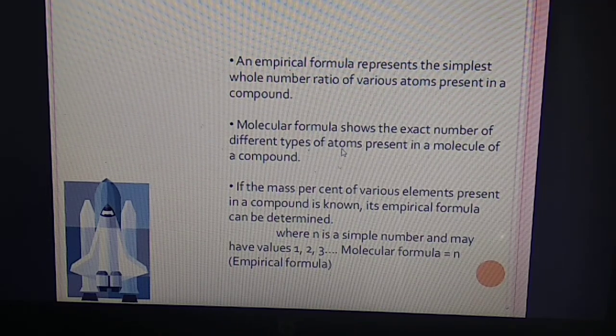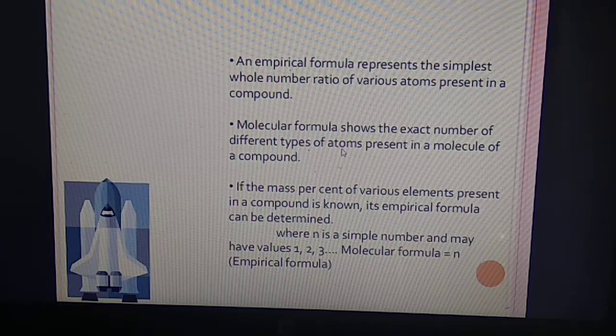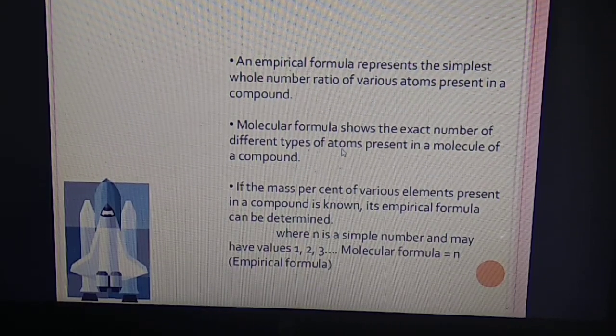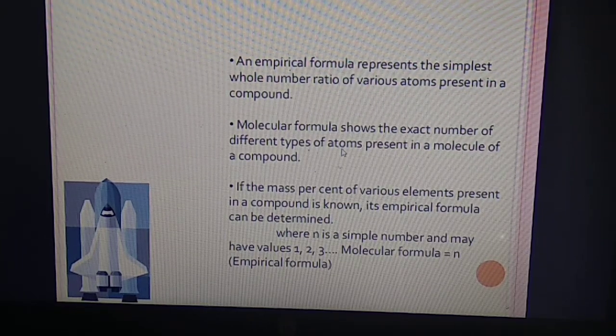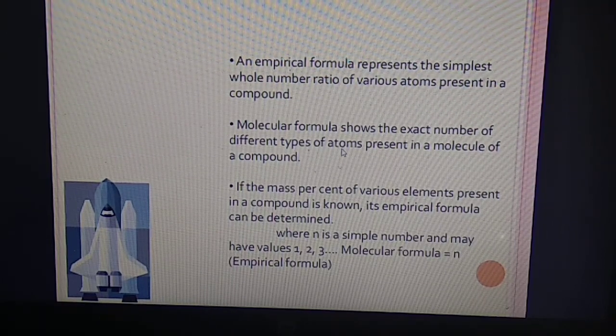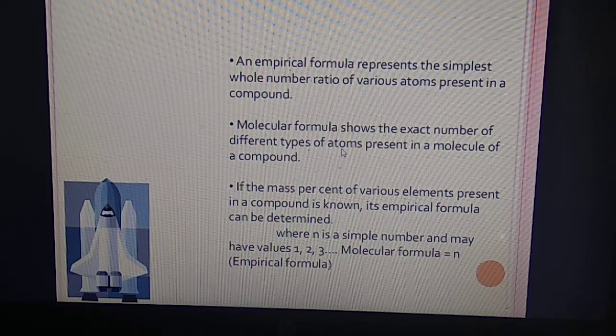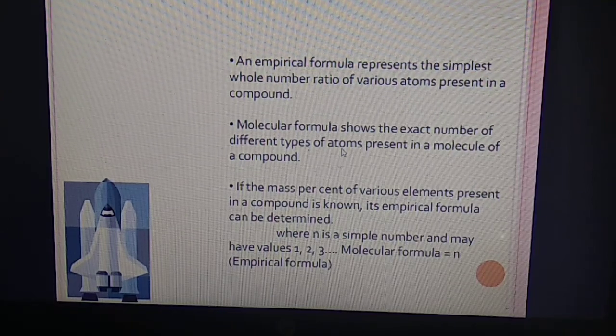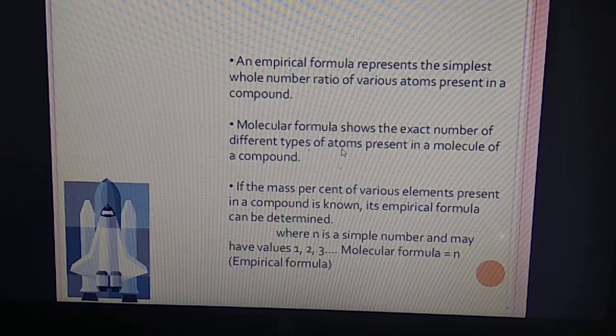Correct number of atoms: in water, 2 atoms of hydrogen and 1 atom of oxygen combine to form water. In hydrogen peroxide, 2 atoms of hydrogen and 2 atoms of oxygen are present. But if you tell the empirical formula of hydrogen peroxide is HO, how many atoms of hydrogen and how many atoms of oxygen are present is not given in the empirical formula.